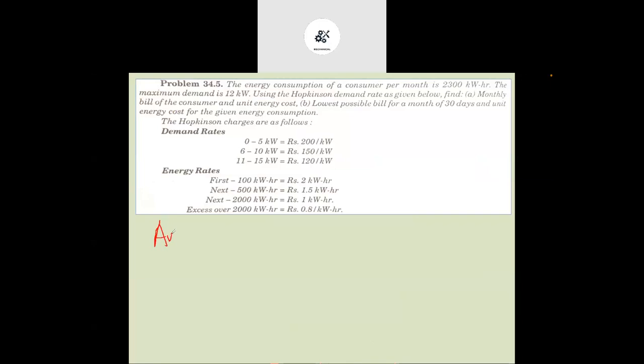So first of all we have to calculate the average load per hour, or the general maximum load. For that, we can write the average load is equal to the total energy consumption divided by 30 days into 24 hours.